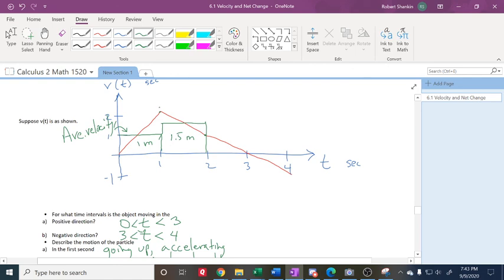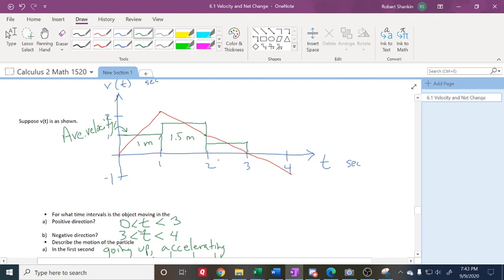We're still positive displacement over here, because remember, we're still going up, but we're just decelerating now. From 2 to 3, I started at 1 meter per second, ended at 0, so my average speed was 1/2.